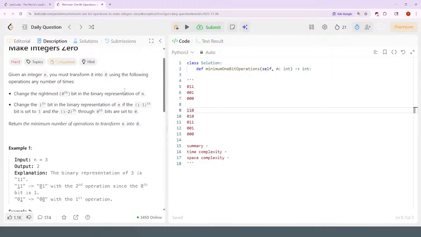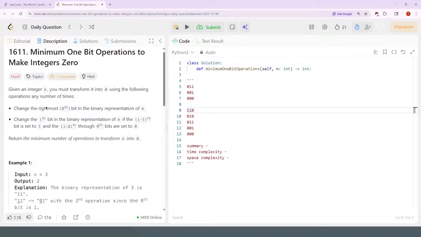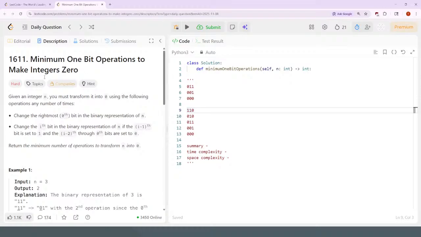Okay, I don't think you actually need to do the bit operations on it in order to calculate this. You shouldn't need to do that. My guess is it's hard only in the sense that you need to find that formula.